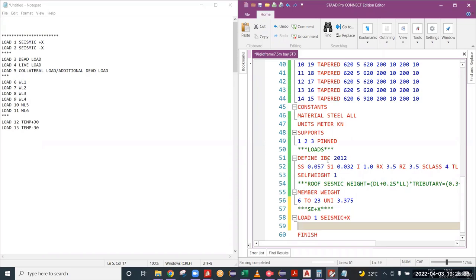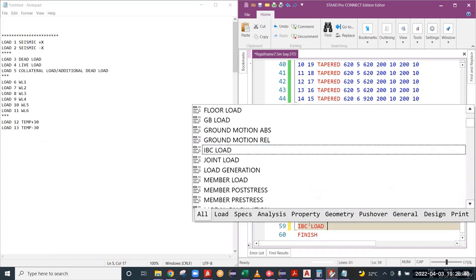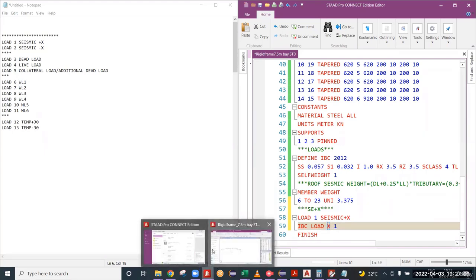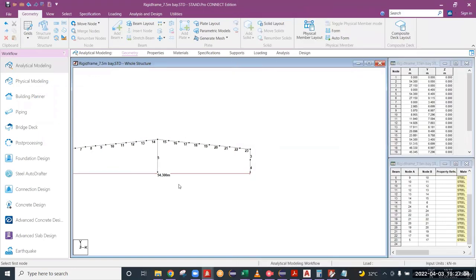Now, what is the load I am applying? IBC load. Here you have to indicate the direction, because there are two directions I am taking, positive x and negative x. So that's why IBC load x1. Why x1? Already you are defining the direction here, x. What is the direction of seismic loads acting on the structure? Laterally, right?